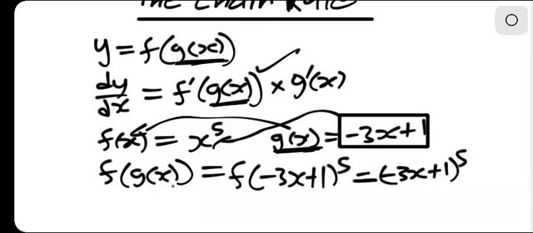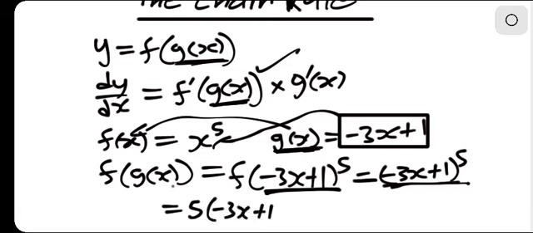So if we want to differentiate that, we differentiate the whole of that. We'll use the power rule. Remember, you drop the exponent, which is 5, then you write the inside as it is, minus 3x plus 1, then you reduce the exponent by 1, leaving it 4.